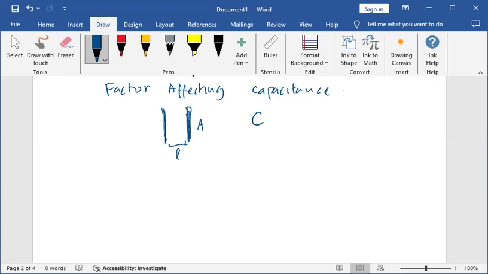So if the metal plates are larger, more electrons will be stored here when the capacitor charges.